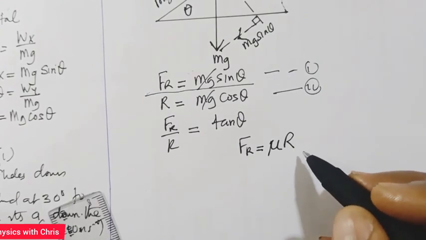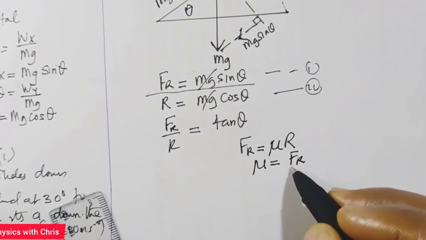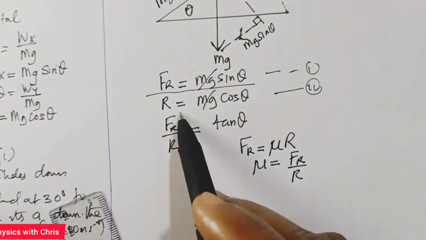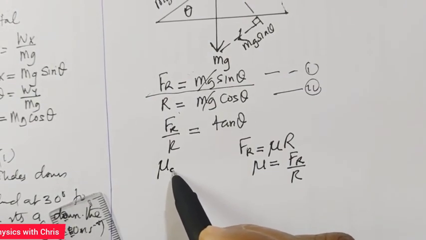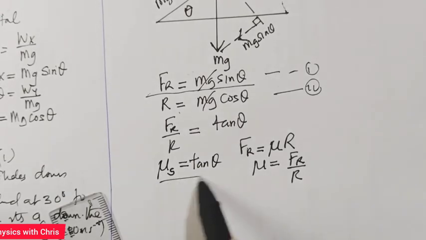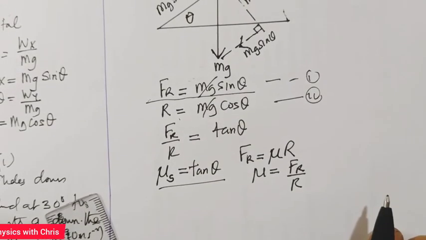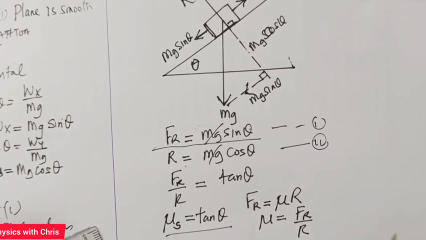So when we replace mu, which is the ratio of frictional force to normal reaction, I have the coefficient of static friction. Let me call that mu s equals tan theta. This shows that the coefficient of static friction acting between these two surfaces, the surface of the block and the plane surface, is given by tan theta. That is just when the block is about to start sliding down.